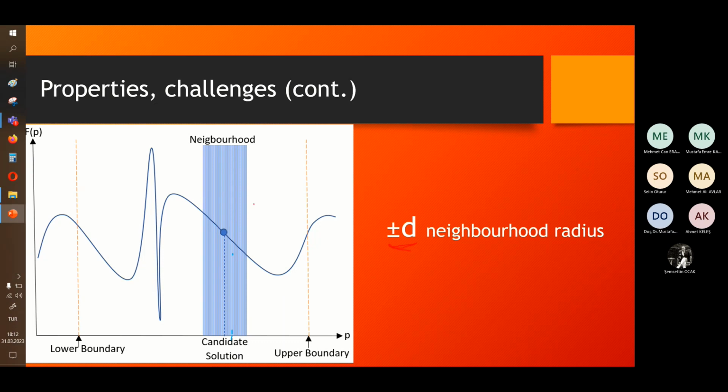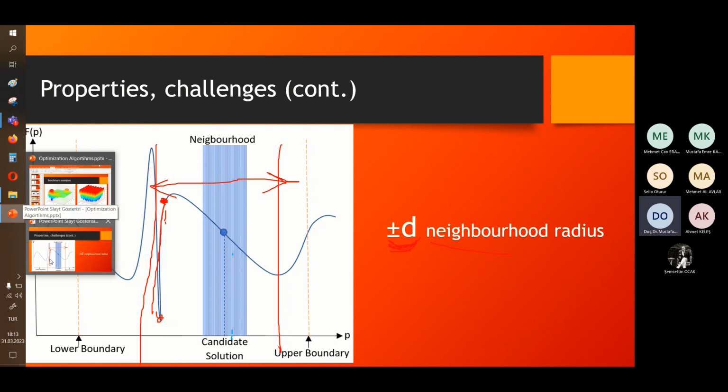If we increase the neighborhood, if we make it wider, then the random value we produce may get a chance to roll down to where the global minima is. So rather than keeping the neighborhood radius constant, we may make it variable. This may be another solution for not being trapped in local minima.